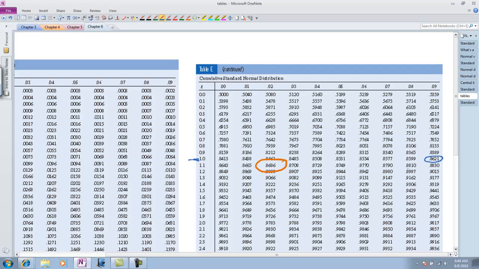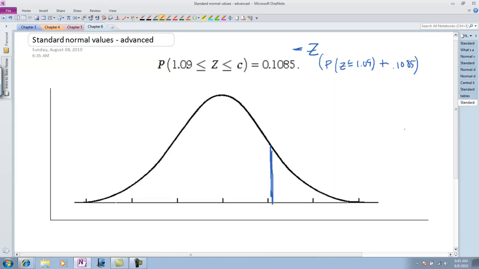Okay, it's 0.8621. So going back to this page, we know that there's 86.21% over there, but there's an additional 10.85% between that mark, which is at 1.09, and my C, wherever that is.